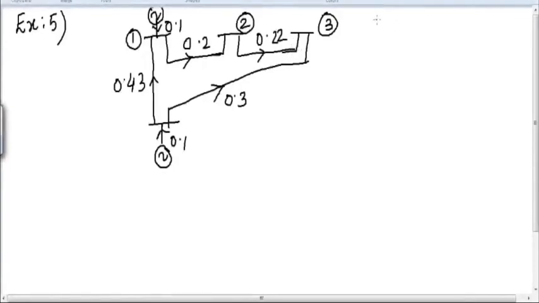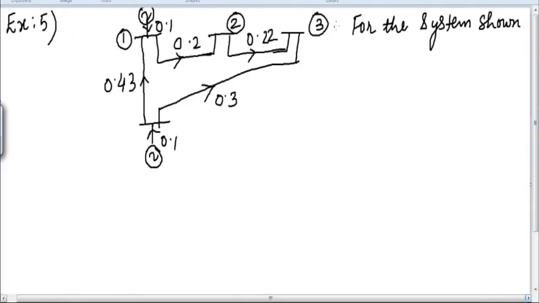So the problem is: for the system shown in the figure, find.